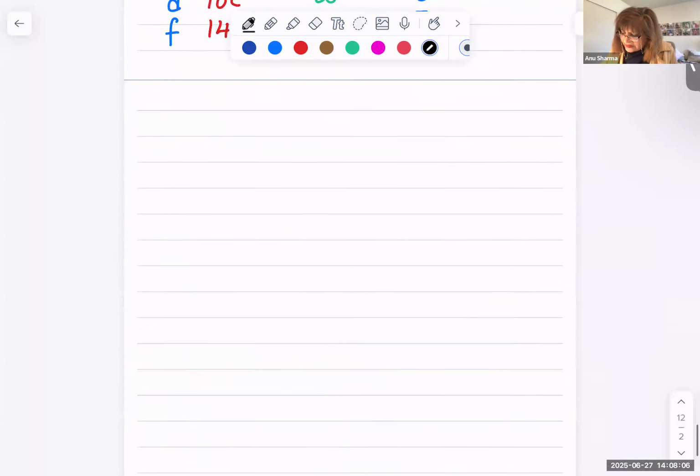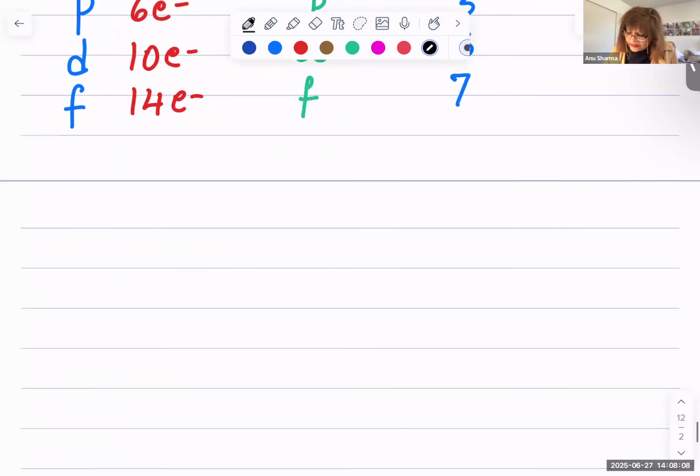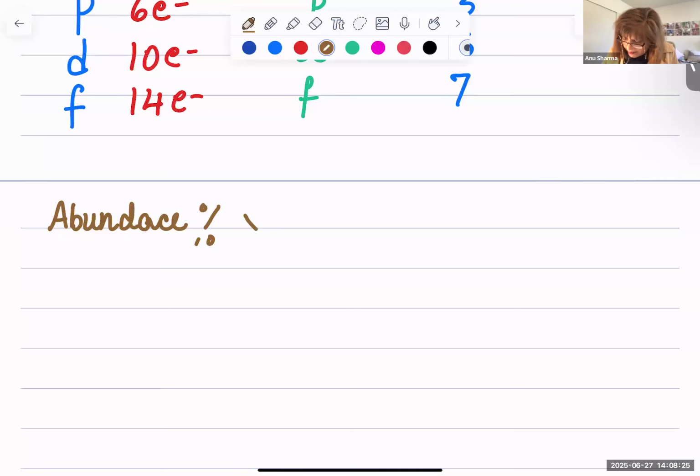So these types of questions are easy. Then the thing that you also need to do is the abundance factor: the abundance percentage, multiplied by the mass number that is given to you, and then that adds up and makes the average isotopic mass.